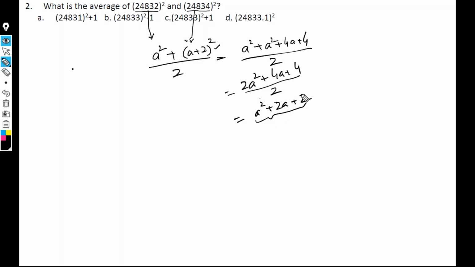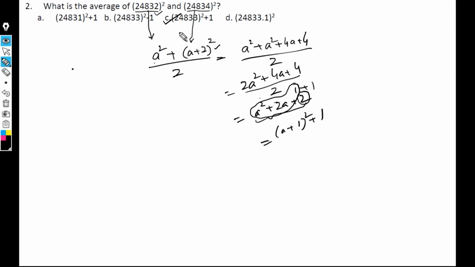Now it can be rewritten as, I am writing this 2 as 1 plus 1, because this will be a perfect square. So this is going to be A plus 1 whole square plus 1. The value of A we have taken as 24832, so plus 1 is 24833 square plus 1.